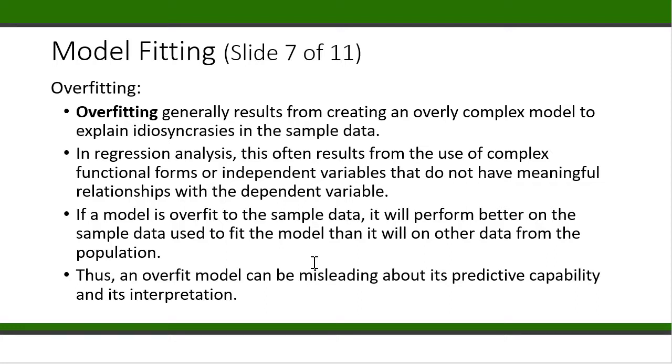I hope I'm explaining that correctly. So let me try that again. Let's say you had a sample of 100. Instead of doing a regression on that sample of 100, you might take out 10%, or 10 observations. You'll then create a model of your data with only 90 in your sample data.